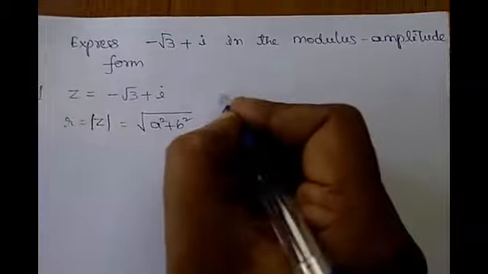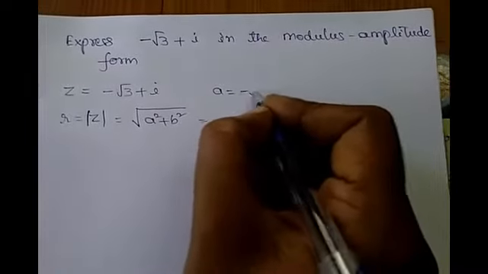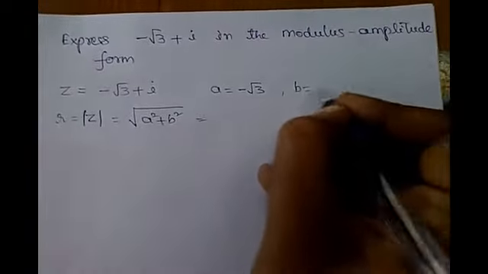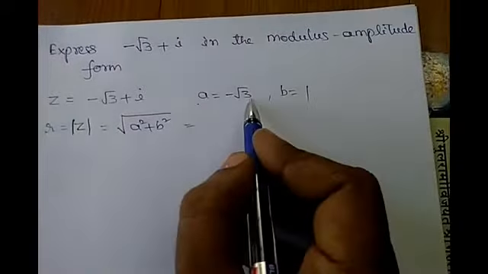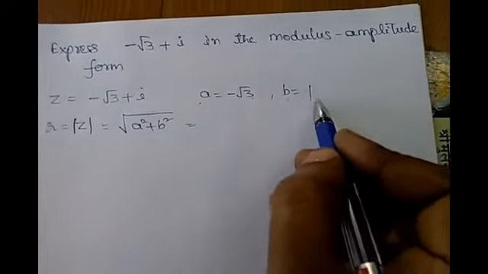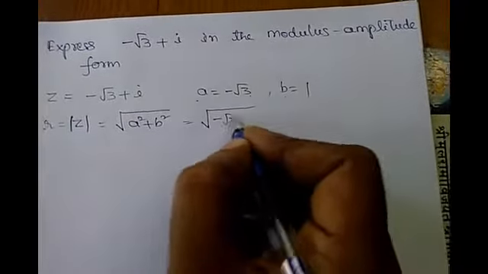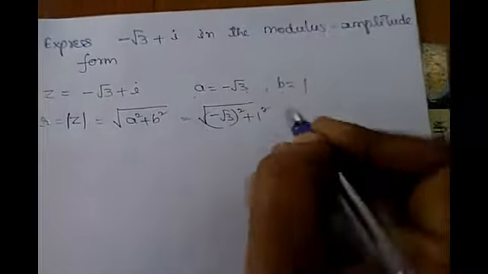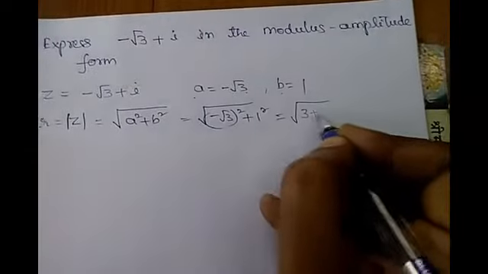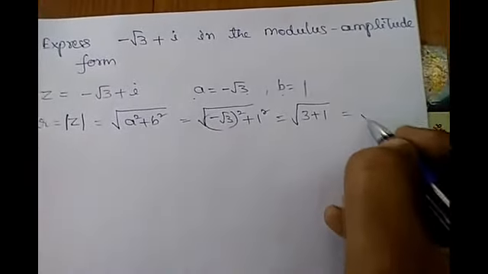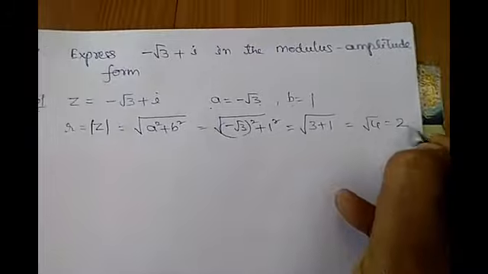Here A equal to minus root 3 and B equal to 1. A means real part and B means imaginary part. So minus root 3 whole square plus 1 square gives 3 plus 1, which gives root 4, that is equal to 2.